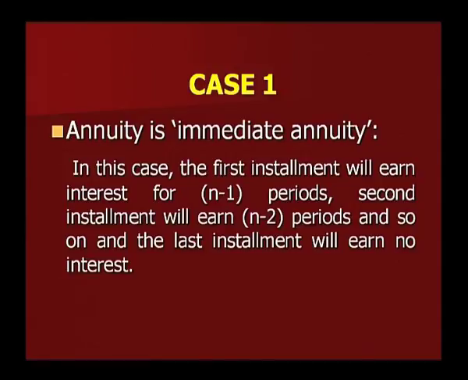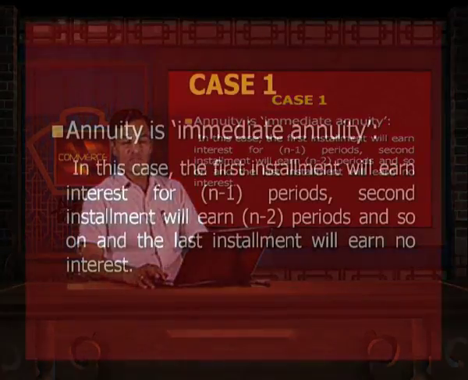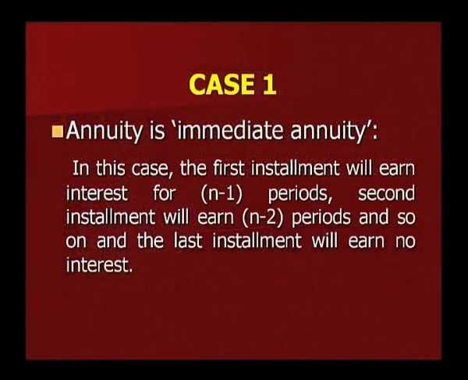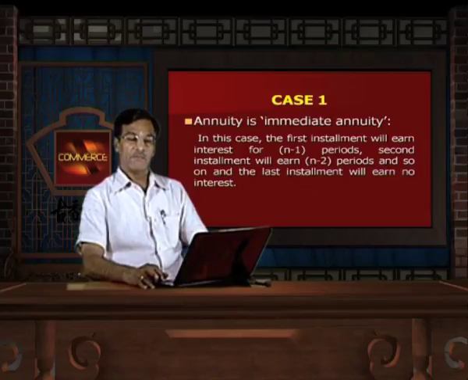Here, in the annuity immediate, the interest is calculated at the end of the year. Therefore, the first installment is for n-1 periods, the second installment is for n-2 periods, and the last installment is for 0 period. We will calculate the interest on these periods and find the value of the annuity.